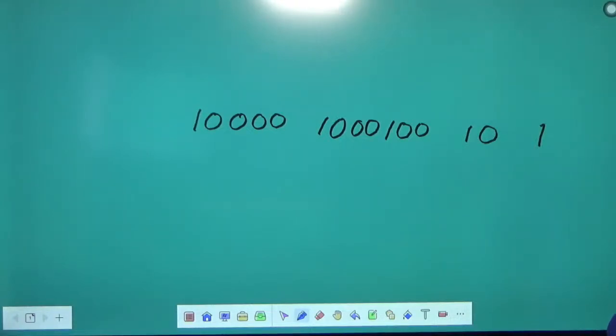Tens place. When you consider the tens place, 1 times 10, you can obtain 10.